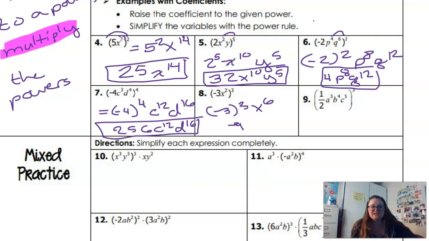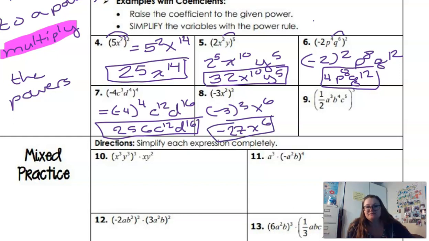This time it is negative, because a negative times a negative is a positive, but then another negative is going to give us a negative. So it's negative 9. No, not 9. Sorry, guys. Negative 27. Because 3 times 3 is 9, 3 times another 3 is 27. Okay. And that is our final answer.